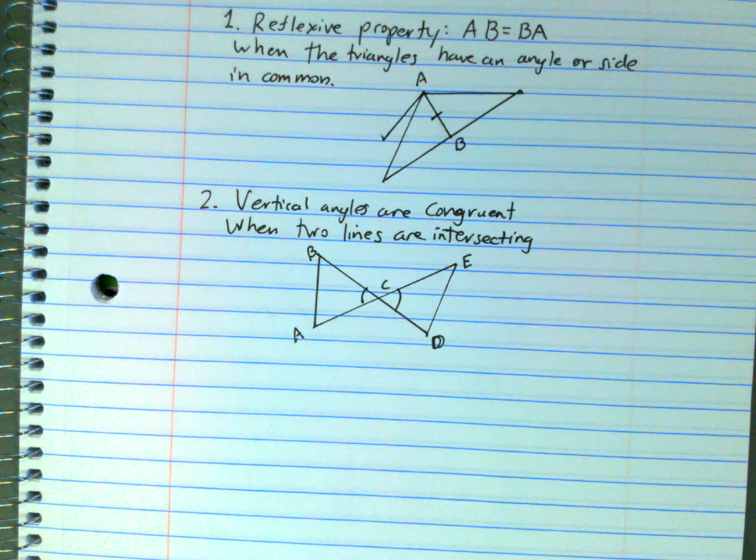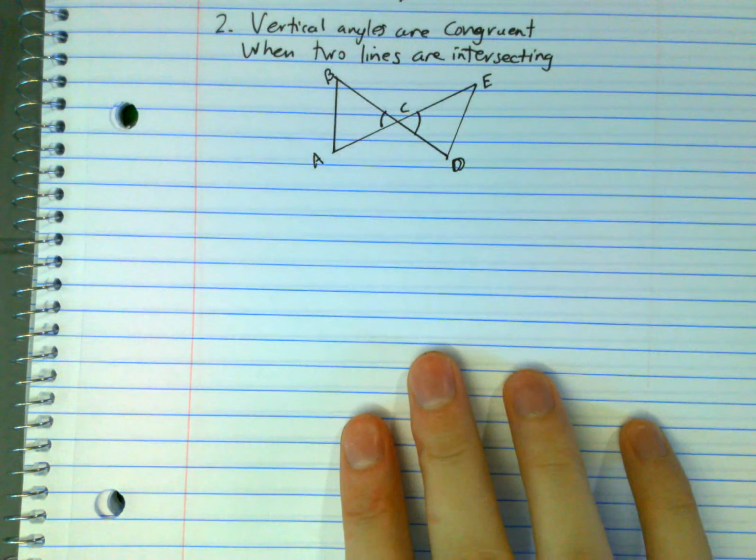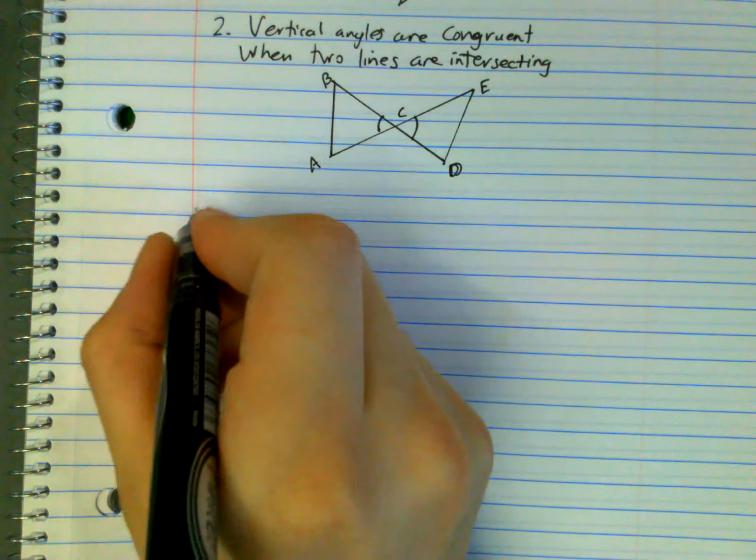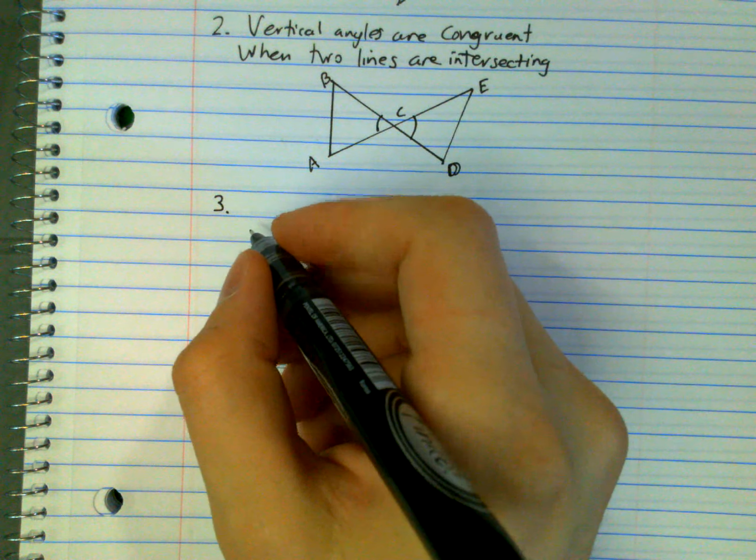All right. Does everybody have number 1? Anybody? Okay, good. Number 3. Right angles are congruent. Duh.